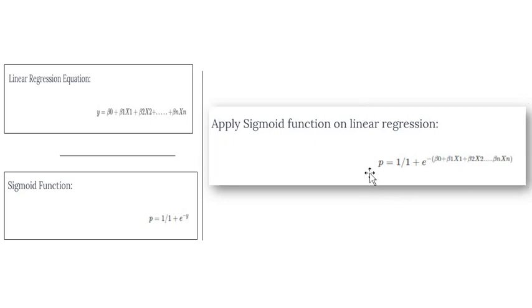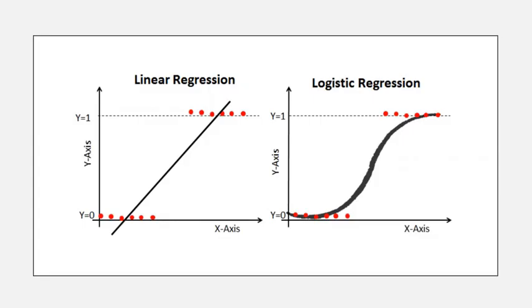This is fitting the sigmoid function on the linear regression for the purpose of producing a line that fits our data set and at the same time producing probabilities. So as you can see here, I have fit my line on the data points as they should.